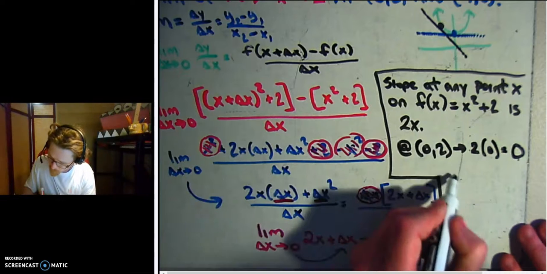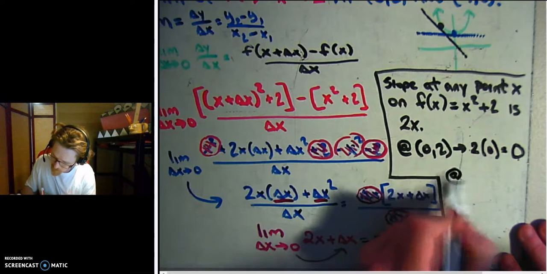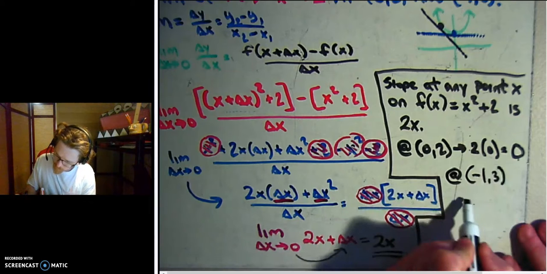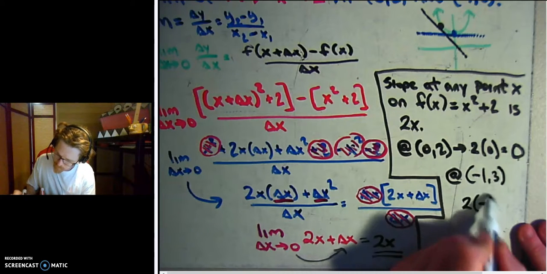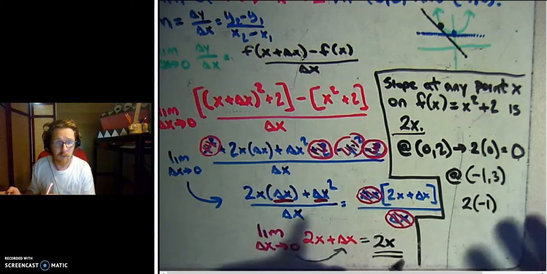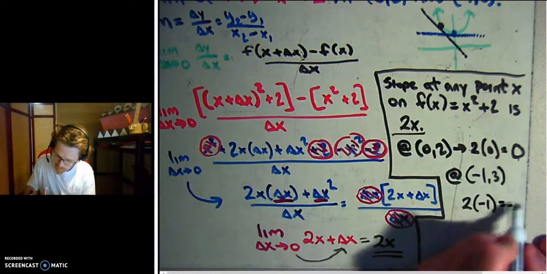And if I want to know the slope of the tangent line at the point negative 1, 3, I'm going to plug in that negative 1 into my tangent line equation, so to speak, and I get negative 2.